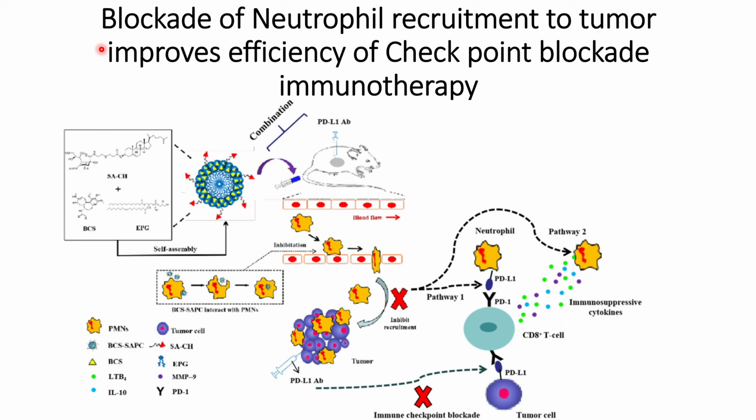In this video, we will discuss how the blockade of neutrophils that are recruited to the tumor cells can improve the efficiency of checkpoint blockade immunotherapy. What happens in the normal case is that neutrophils are recruited towards the tumor cells, and they can reduce the immune efficiency.